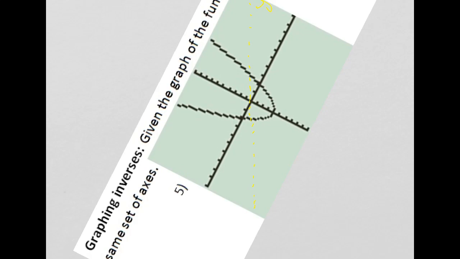Now we can just look at it and mirror the image across. So if we look at this first part right over here, I need to perfectly mirror that line across that line y equals x. So to do that, it's just going to go out like that.